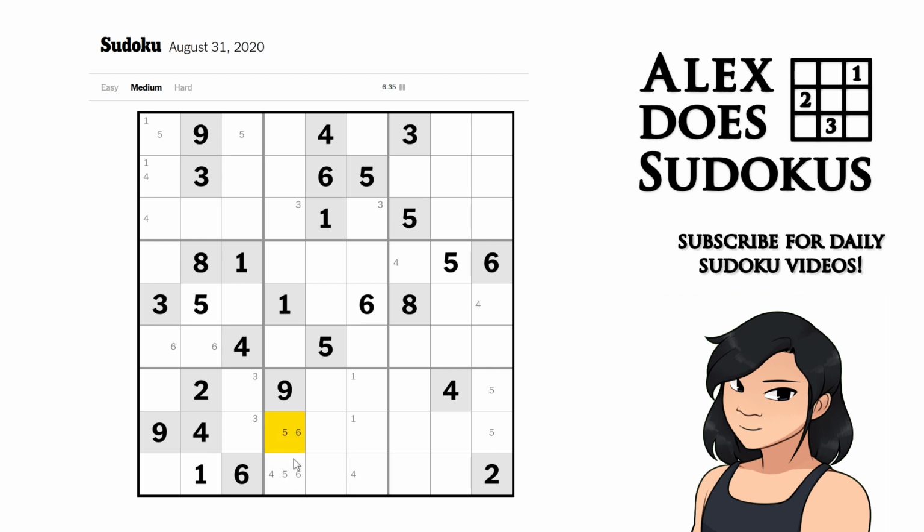But actually, we didn't even need to do that, because by placing the 6, we already erased one of the 5 candidates, and that means the 5 has to be in the remaining cell, and that pushes out the 4, meaning we only have 1 candidate left for the 4. So those 3 cells have just resolved themselves.